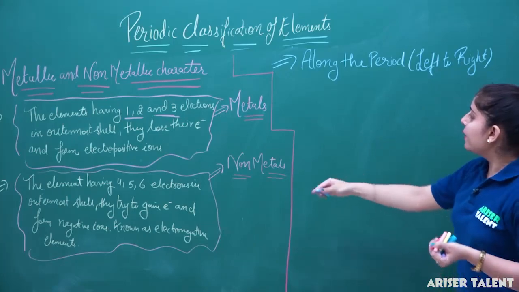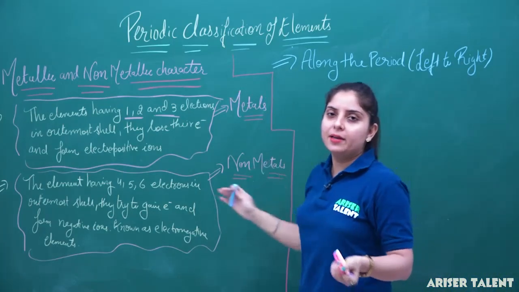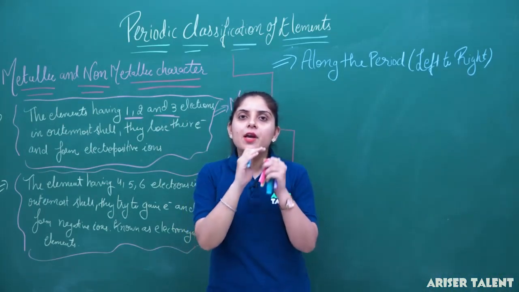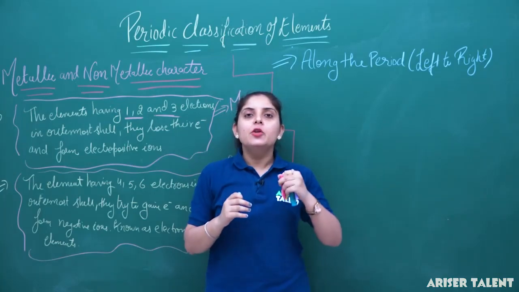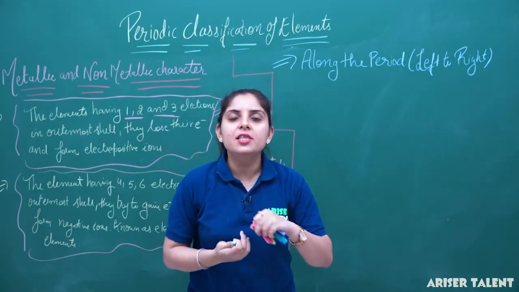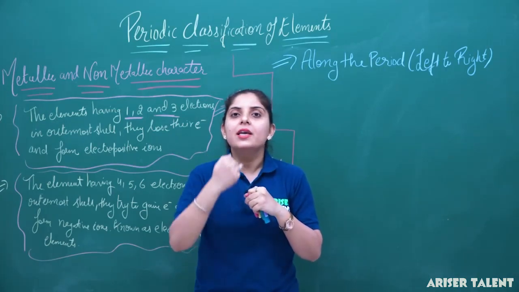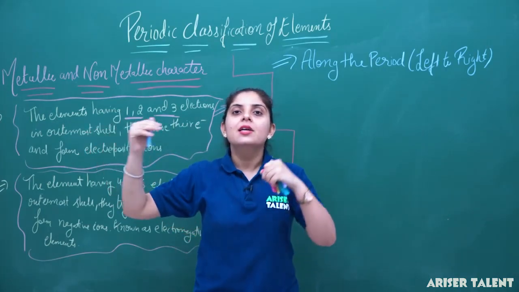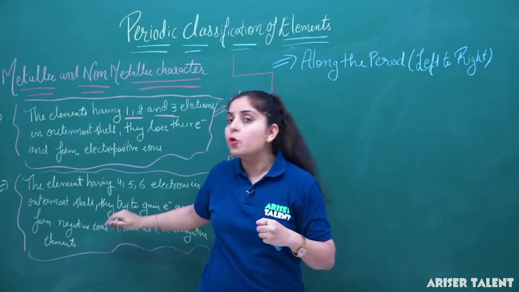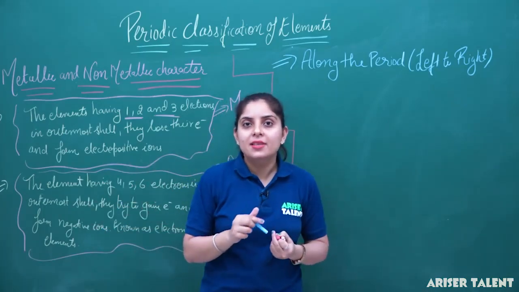Now, along the period when we are going from left to right, what will happen here? You can see that the tendency of an element to gain electrons will increase. It means the electronegativity will increase, and not the metallic character but the non-metallic character is going to increase in the periodic table.